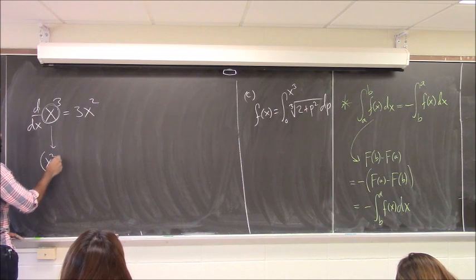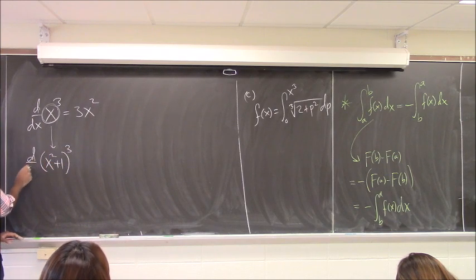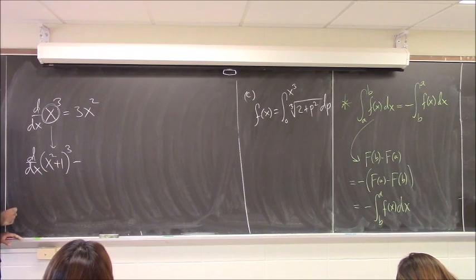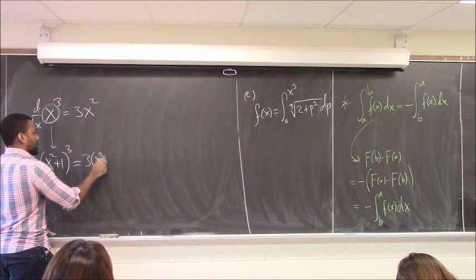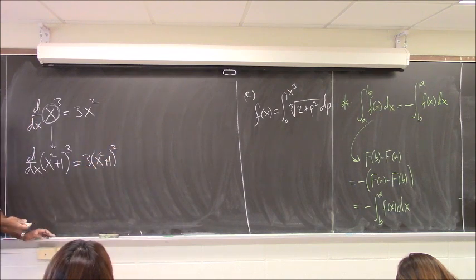Say x squared plus 1, all cubed. How does the derivative change? Oh, it doesn't change, I just do the same thing. What would that be? How do you deal with this situation?